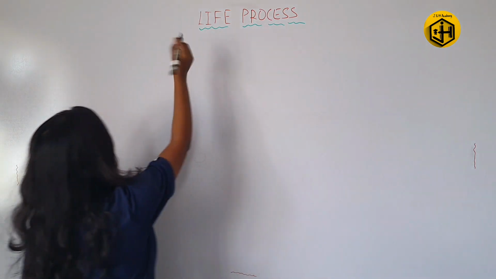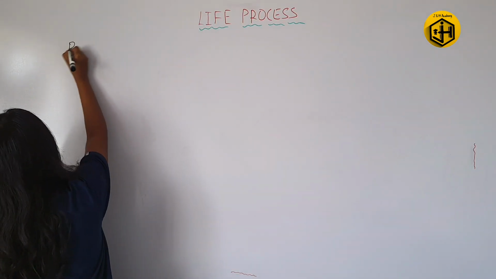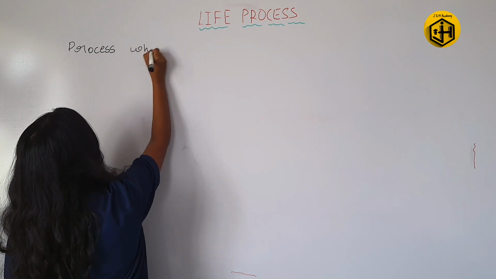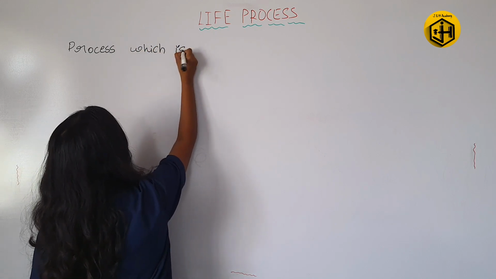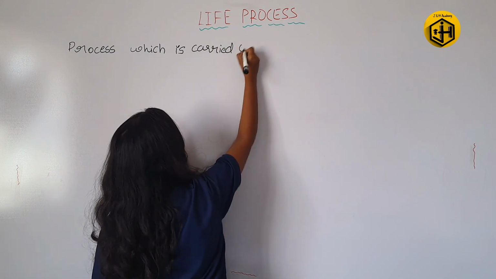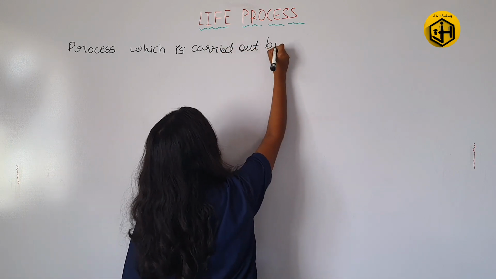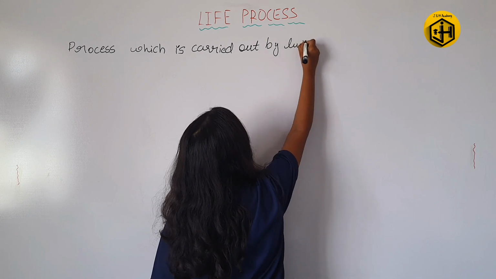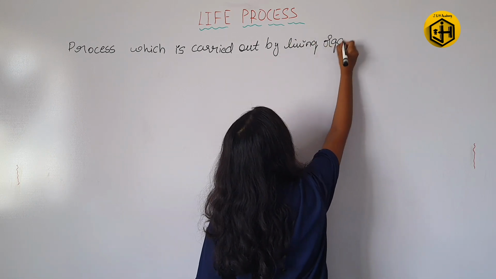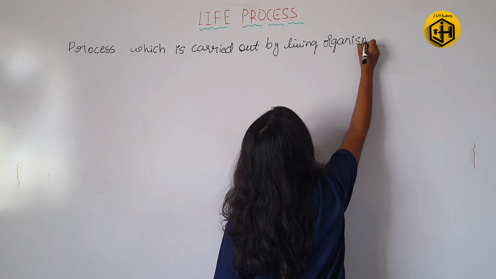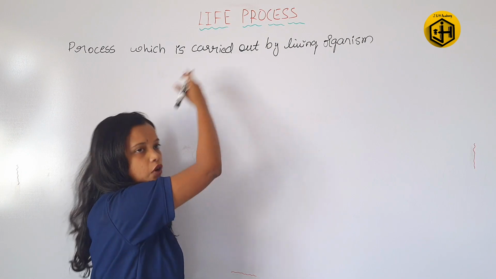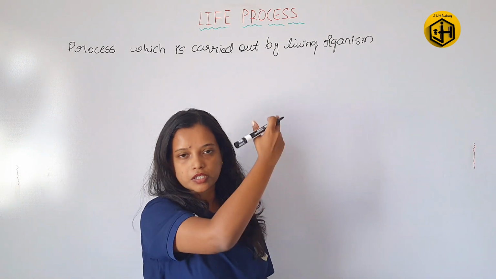See here, life process means the process carried out by living organism. Why should a living organism carry out all these life processes?